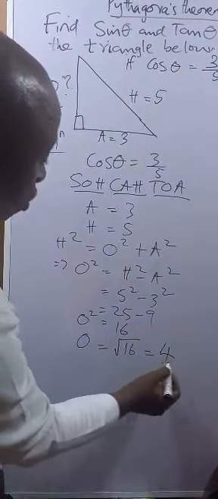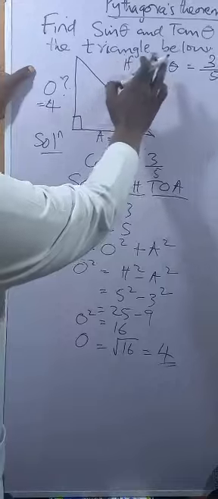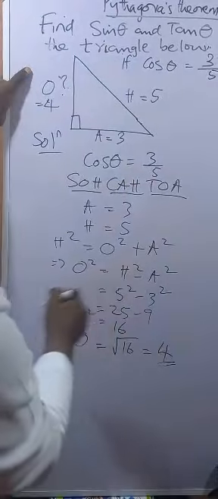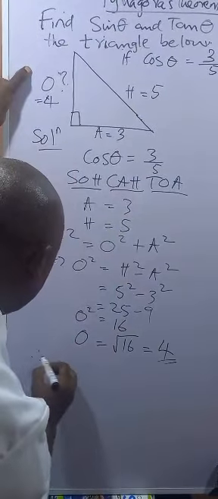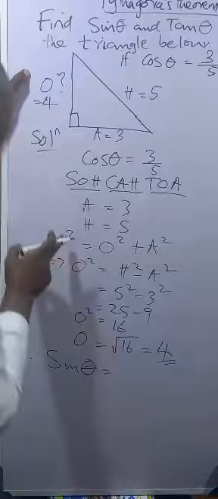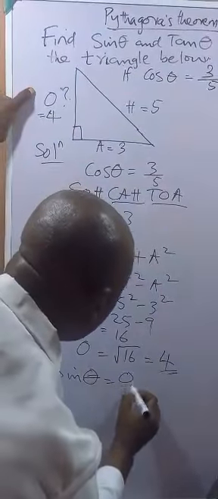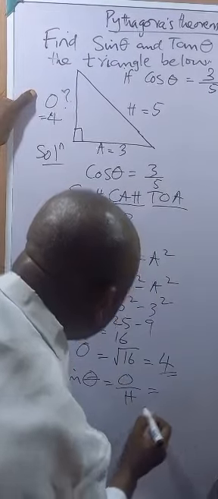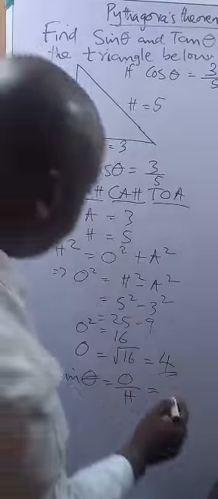Now, if O is equal to 4, it means that sin theta, from our SOHCAHTOA, is opposite over hypotenuse, and that is equal to 4 over 5.